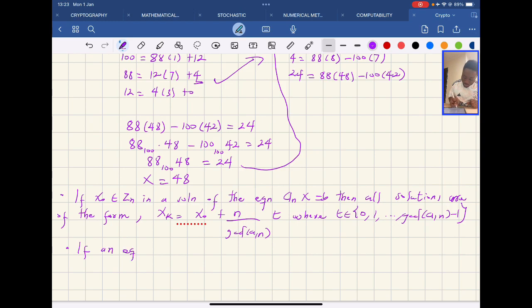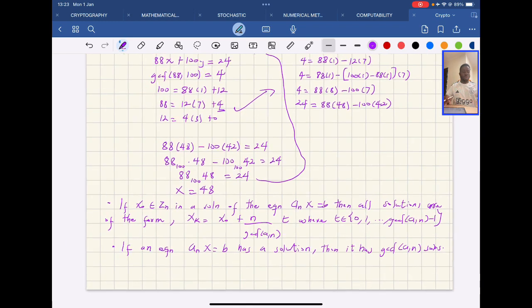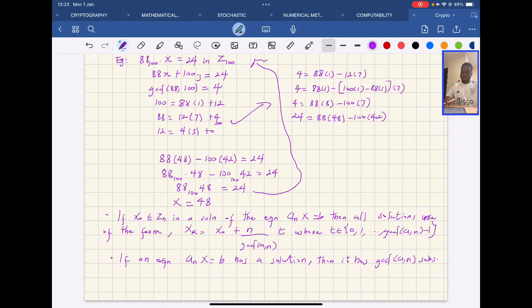And also you have to note that if an equation of the form a x is equal to b in Zn has a solution, then it has GCD of a and n solutions. What do I mean by this?